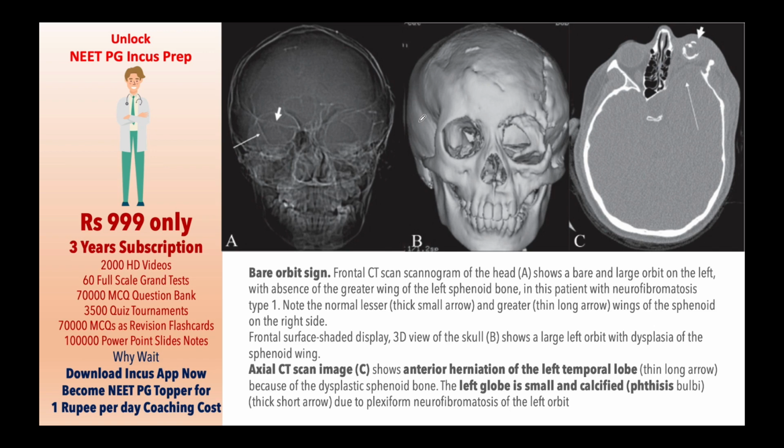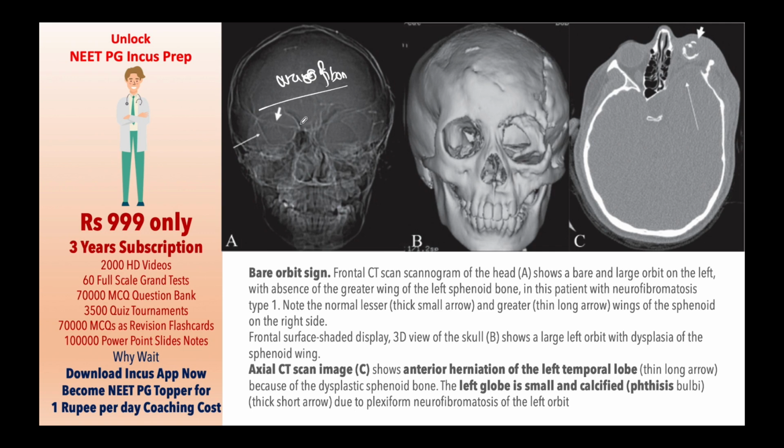Now this is called bare orbit sign. Bare orbit sign. So in a patient who has got neurofibromatosis, what you can see is the wings of the sphenoid, the greater and lesser wings of the sphenoid, typically they are smaller.